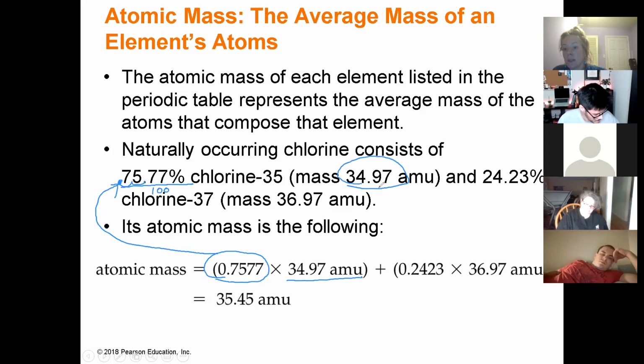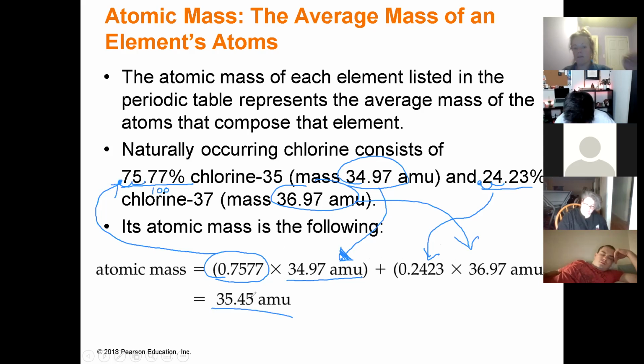If it gives me the decimal mass, I'm going to use the more specified mass. And then we add it to however many isotopes we have. So here I've got 24.23. I'm going to move that decimal over 2. That goes right there, and then the mass of it goes here. When we multiply these out and then add them together, we get a value of 35.45 AMU, which is the number that's on the periodic chart.